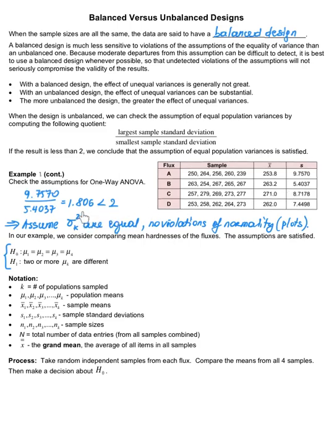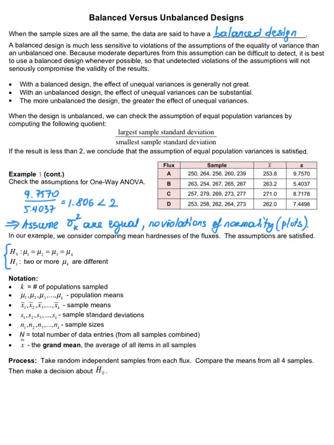The quotient results in 1.806, which is less than 2, and therefore we assume that variances are equal. Using the plots that we saw on the previous page, we also assume that there are no violations of normality because none of those dot plots show a significant extreme skew or outliers.